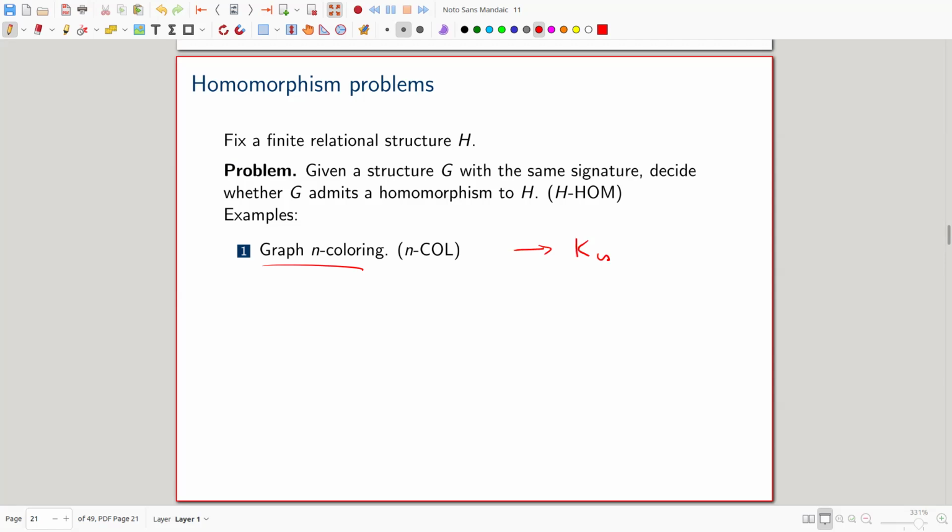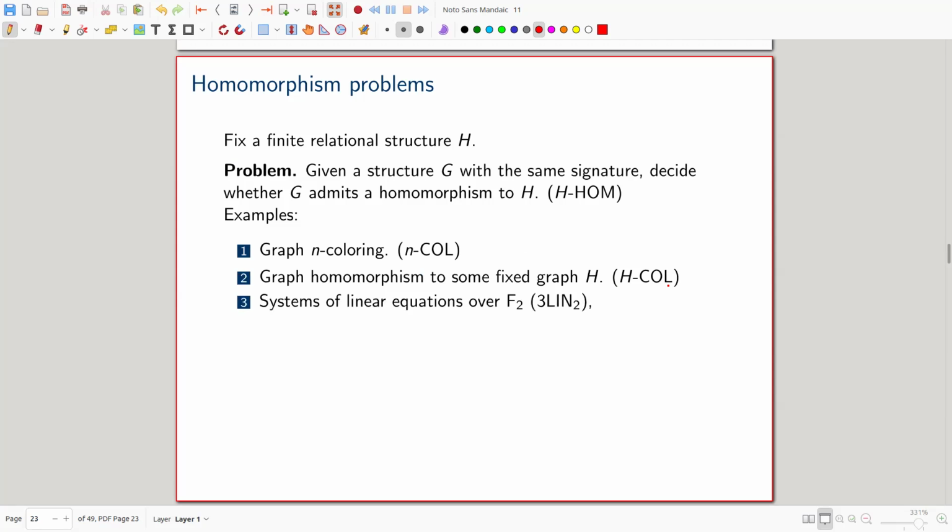So graph n-coloring is a CSP, and graph homomorphism to some fixed graph is a CSP. More interesting is systems of linear equations over some finite field, which I will denote by Z/2, which is also a CSP.